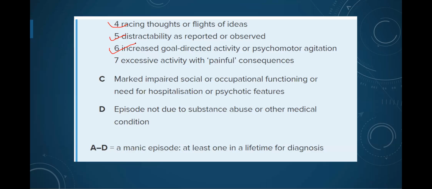So increased goal directed activity, but the patient will be unable to focus on a particular thing because they are distractible. And excessive activity, which means that they will have mainly reckless behavior. So increased sexual drive, increased spending, increased drug abuse. Those are also very important features of mania.